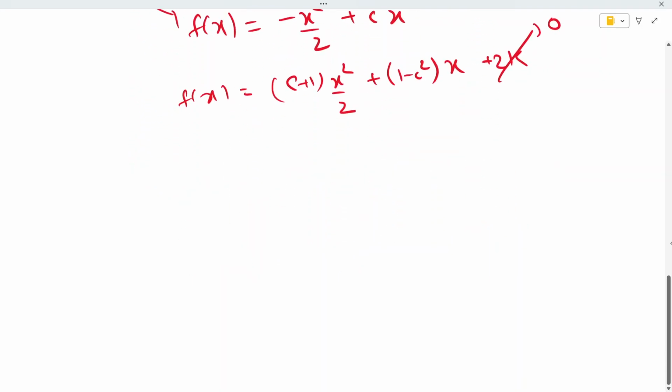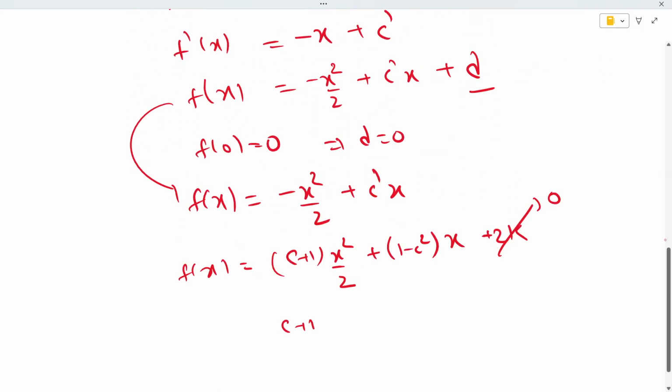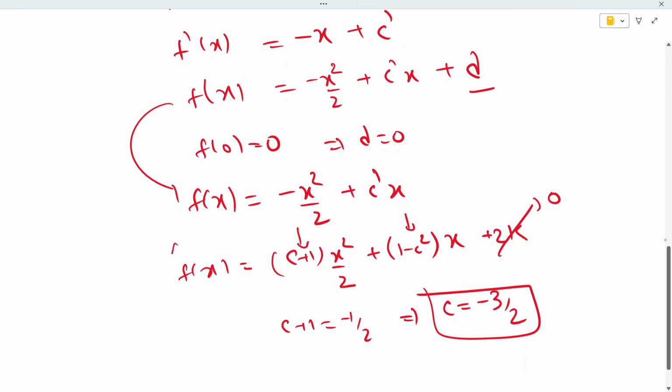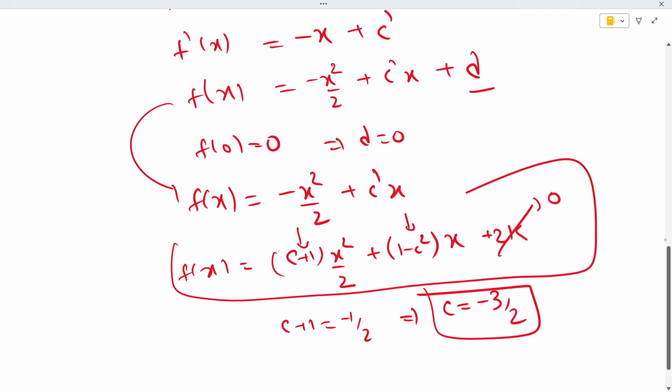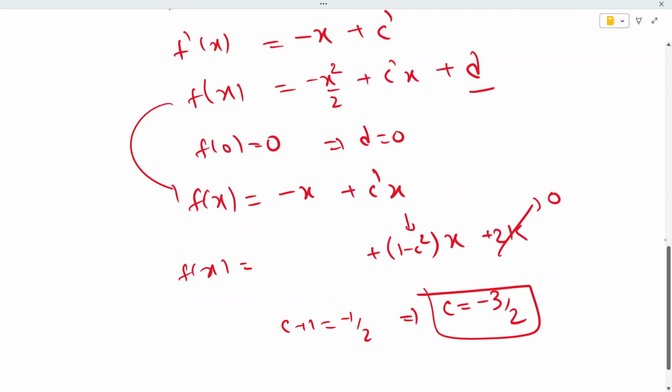Now comparing, we get c plus 1 is equal to minus half. So you get the value of c as minus 3 by 2. Now when you get the value of c, we get the coefficient of this function, so we get the required function. Now we just have to substitute the value and get the required answer.